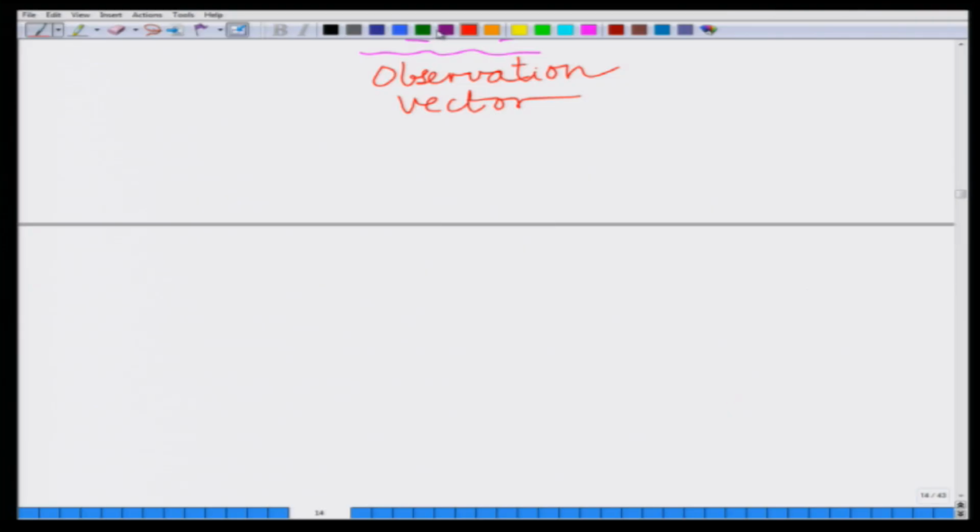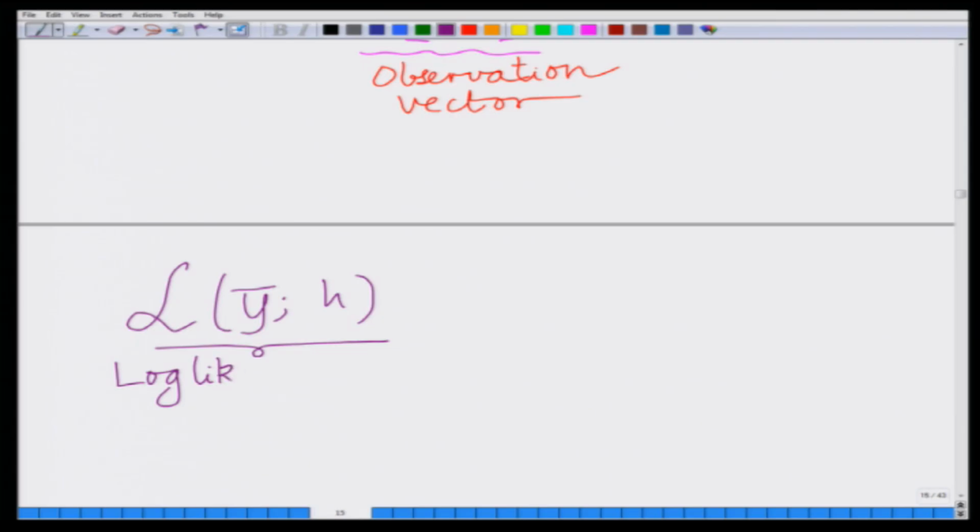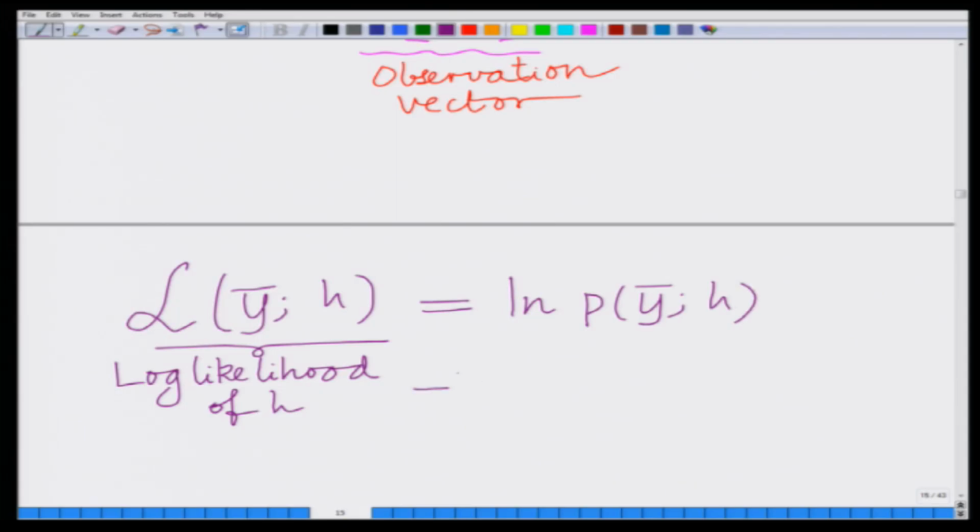It is again similar to what we have already seen in the context of a sensor network. This is the log likelihood function of the unknown parameter h, which is the natural logarithm of the likelihood function parameterized by h.